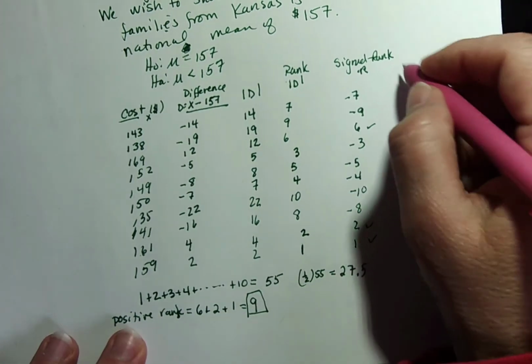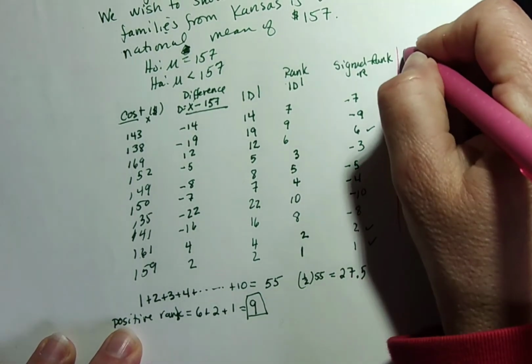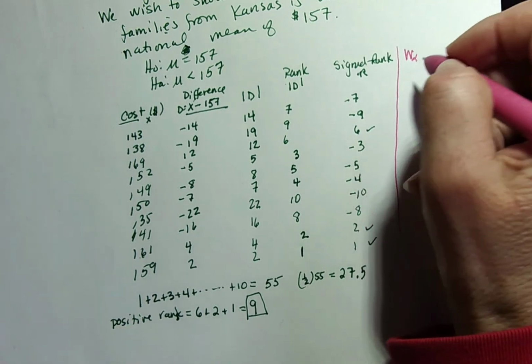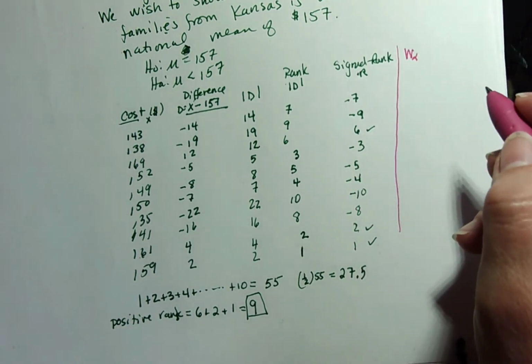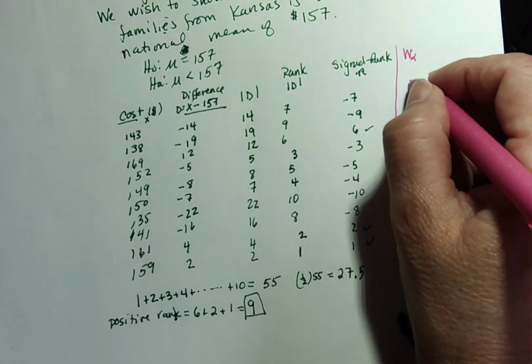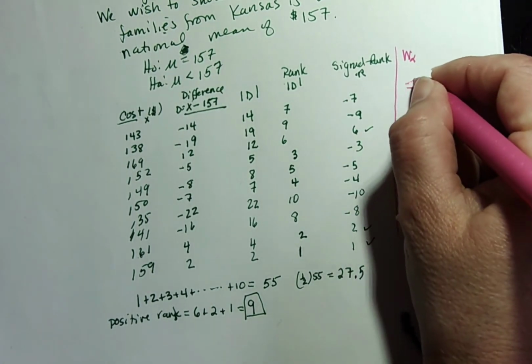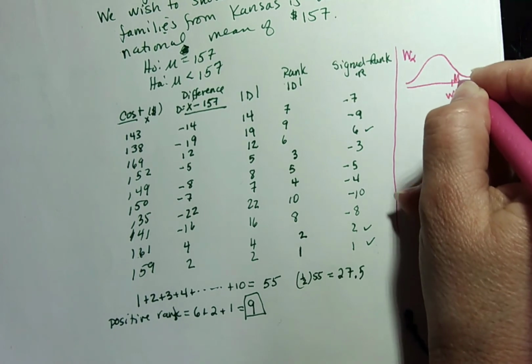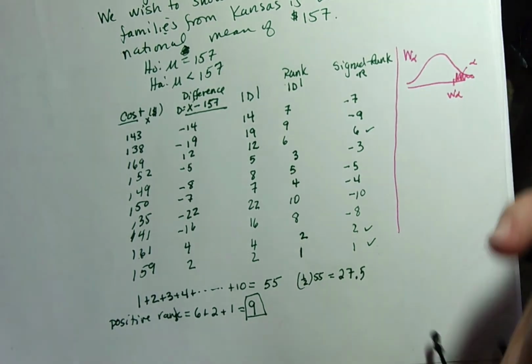So we're going to use the symbol W alpha, and that's going to denote the W value that has an area or percentage alpha to the right of it. So in other words, looking at this is going to be this area here.